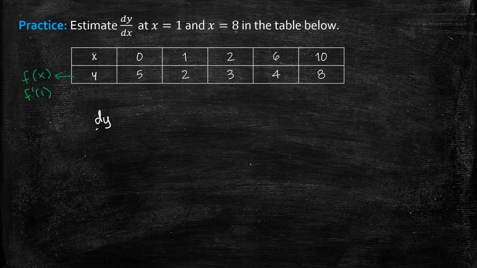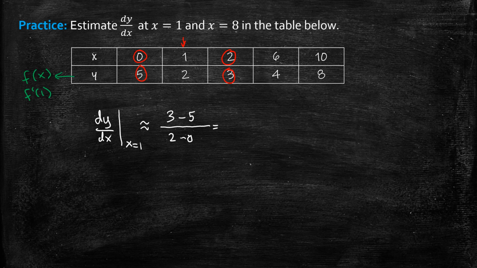And so when we're using dy by dx, the convention is we put this vertical line segment and we say find the derivative at x equals 1, and we write the x equals 1 down there. So remember, it's approximate. And remember that here at 1, we have to find the interval that contains 1 and find the average rate of change over that interval. So that would be 3 minus 5 over 2 minus 0.